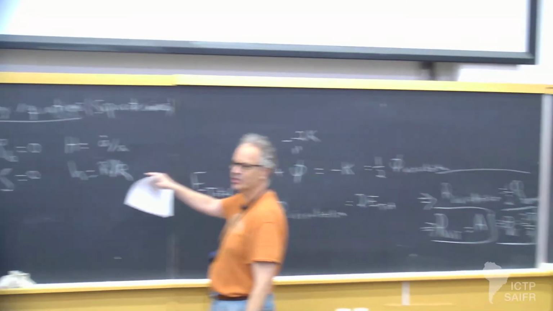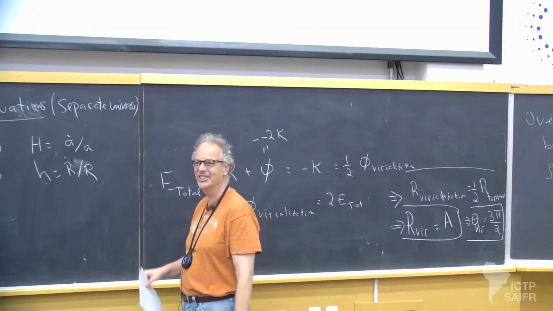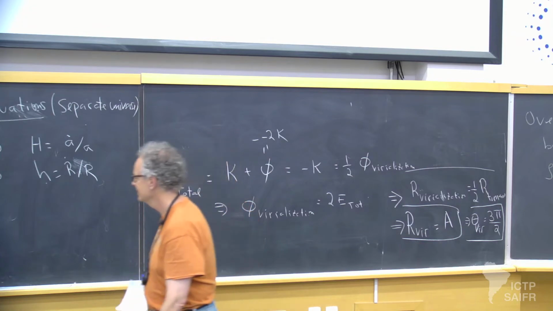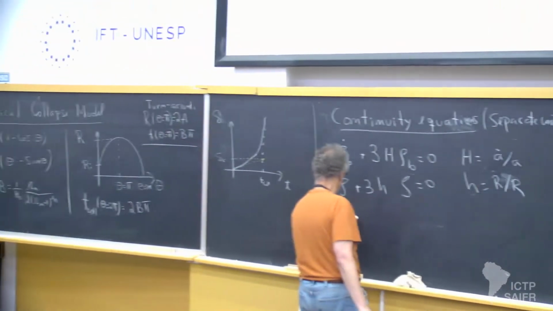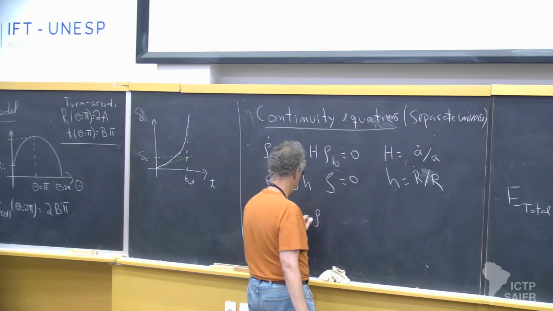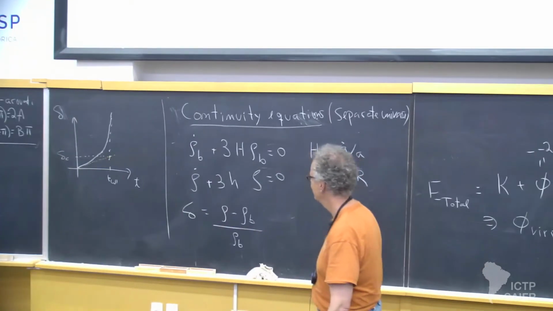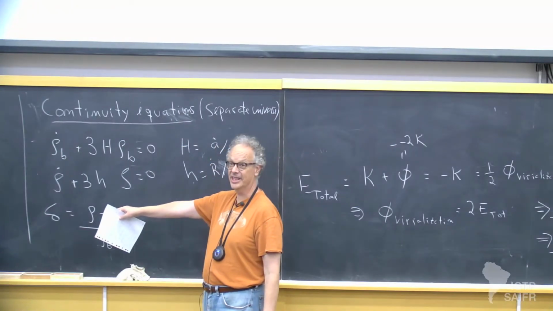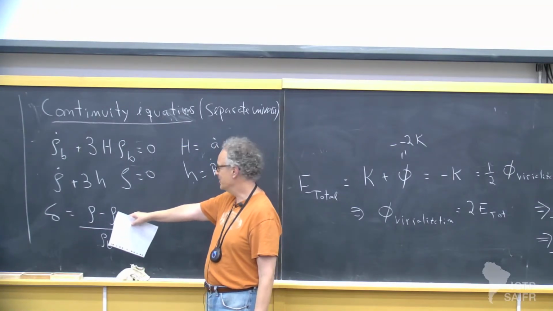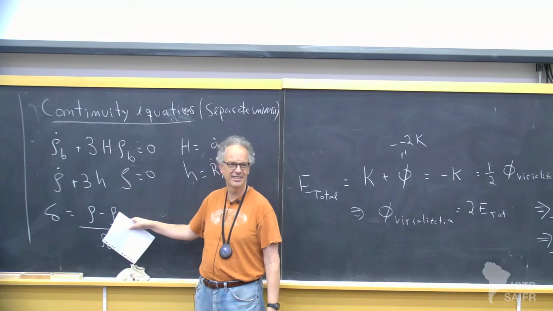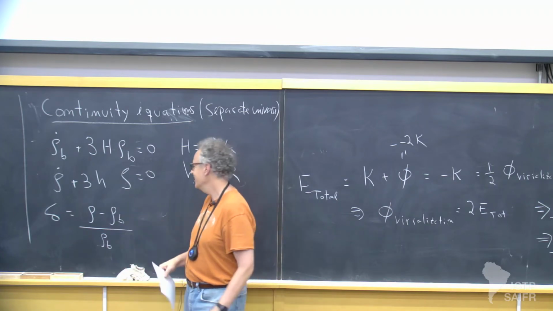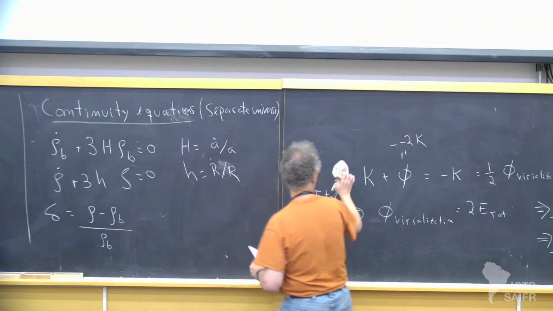Only with these two equations and taking time derivatives, etc., you can get an equation for delta. So again, delta is rho minus rho B, background, divided by rho background. The funny thing is that this is only a function of time now, right? Because these things are homogeneous. And you can find an equation for this.